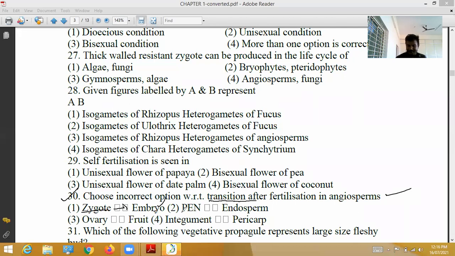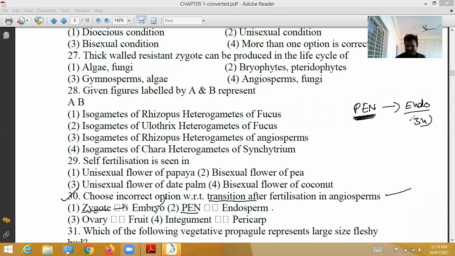Option 1 is correct. Option 2, primary endosperm nucleus gives rise to endosperm. It is correct. The primary endosperm nucleus is a triploid nucleus, and gradually it turns into the endosperm.